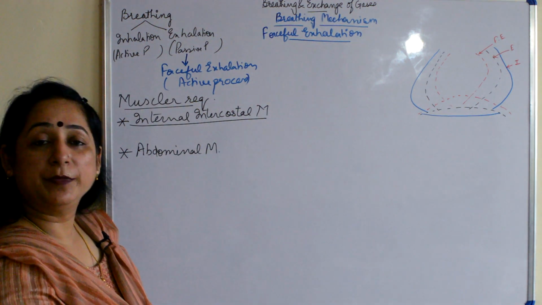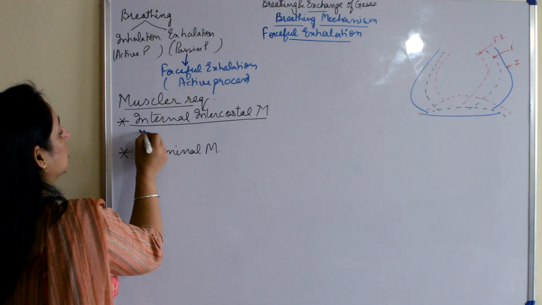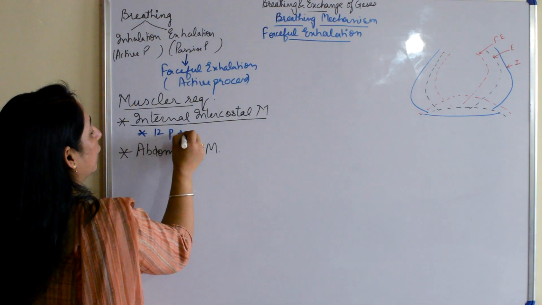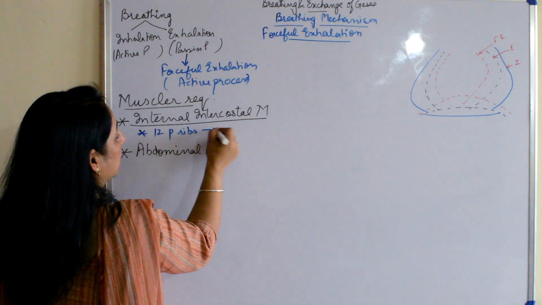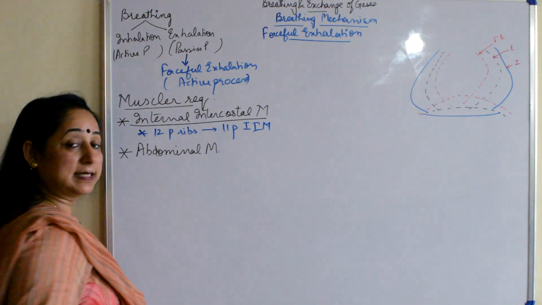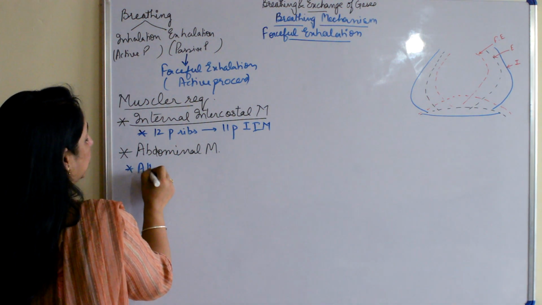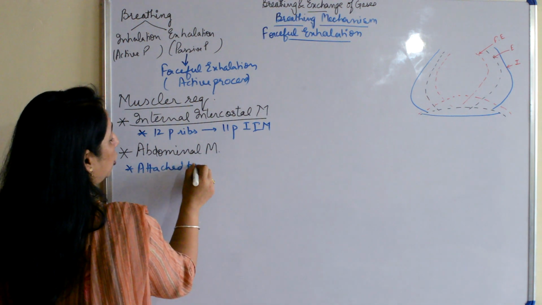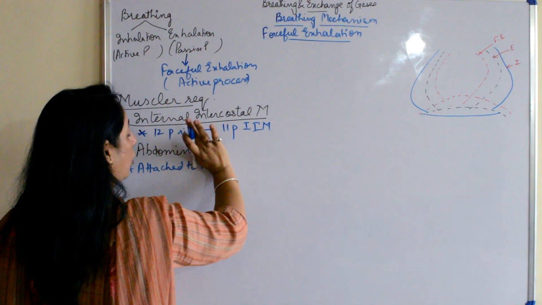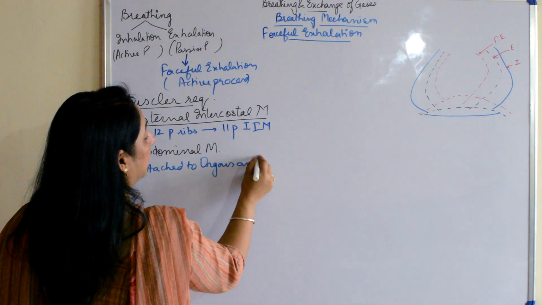As there were 11 pairs of external intercostal muscles, in the same manner here also, there are 12 pairs of ribs and the intercostal muscles are 11 pairs of internal intercostal muscles. Abdominal muscles are the muscles attached to organs and the diaphragm.